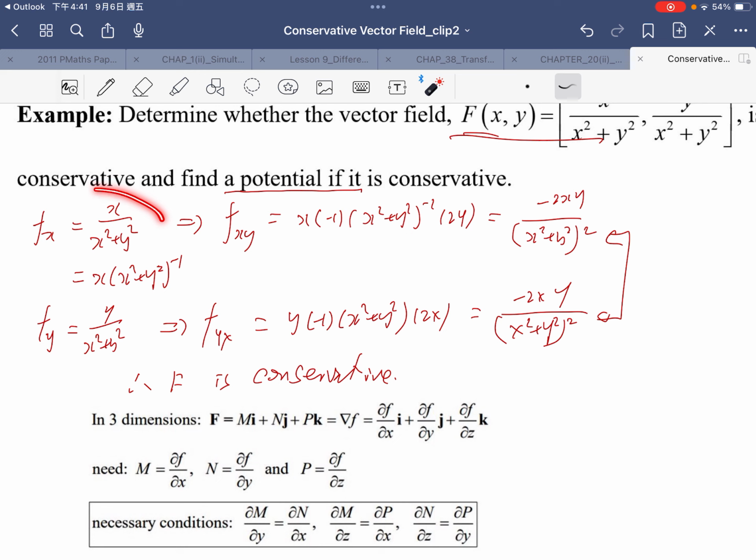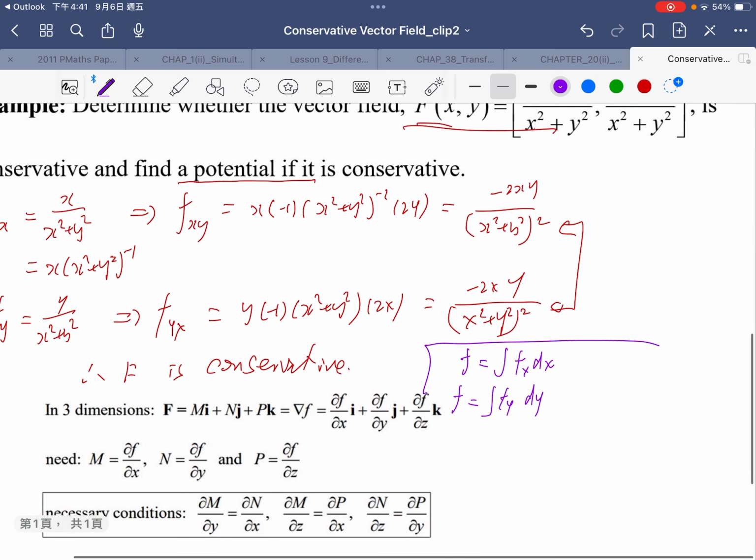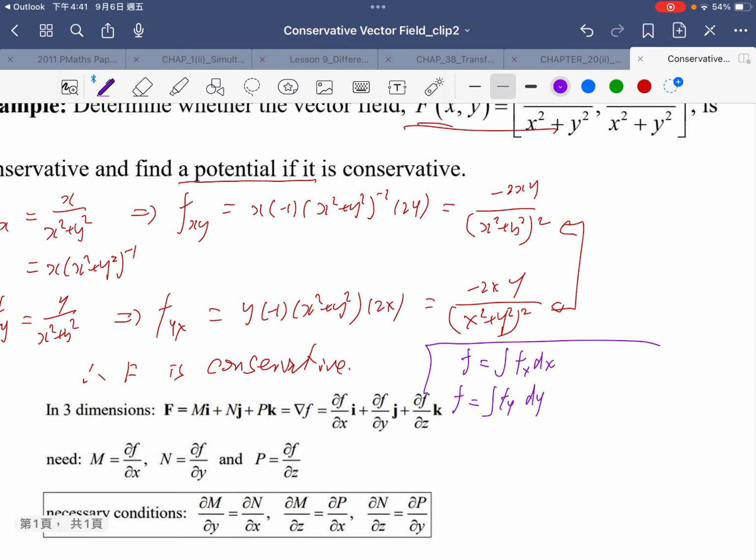Therefore, I integrate Fx with respect to x. On the other hand, f should be compared with Fy integrated with respect to y. We do this in both directions.